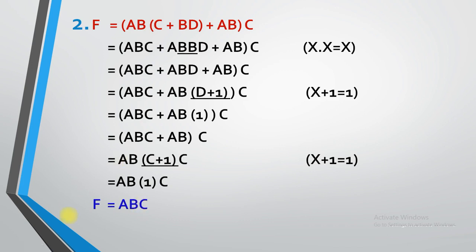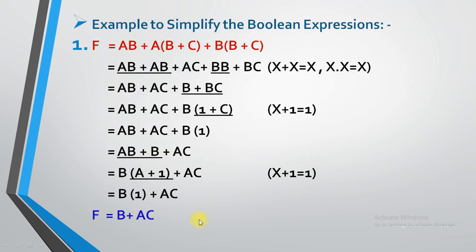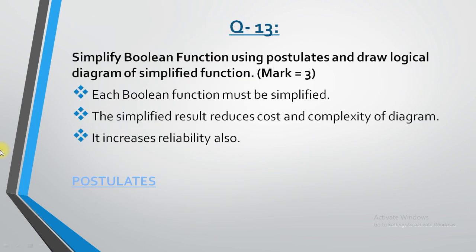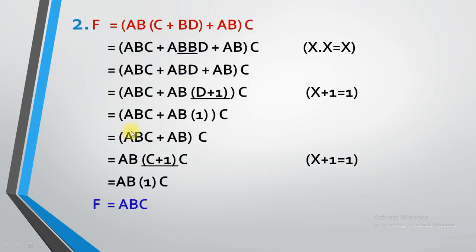You just need to identify the gate. This is an AND gate, a 3-input variable AND gate. You just need to draw it, because see the question: simplify the Boolean function using postulates and draw the logical diagram of the simplified function. So you need to draw the logical circuit based on the simplified function.